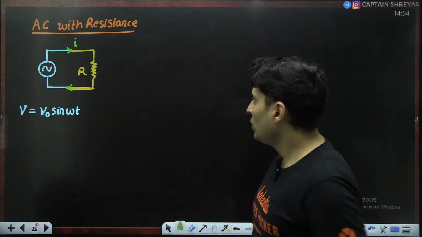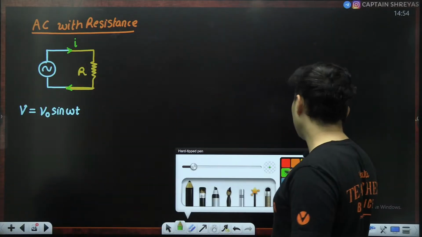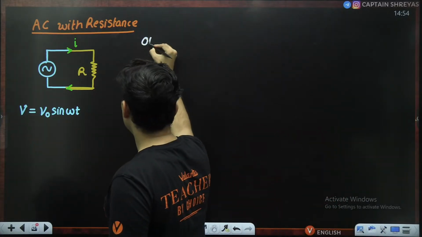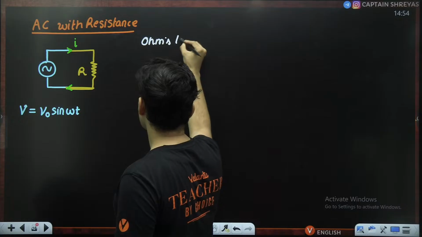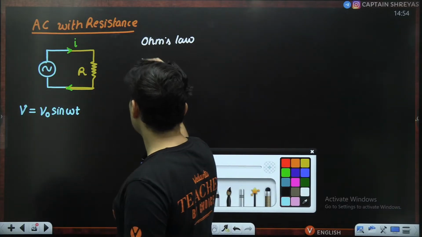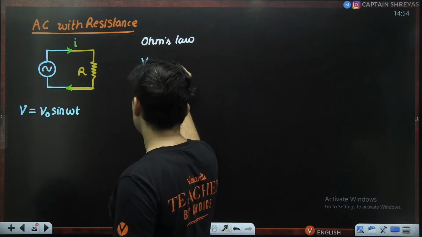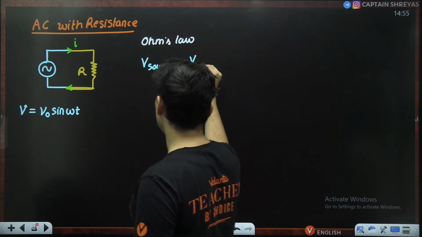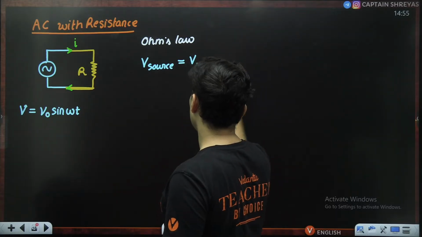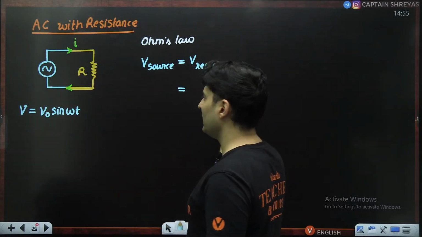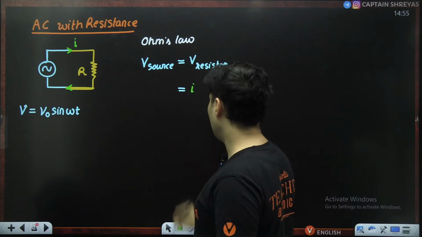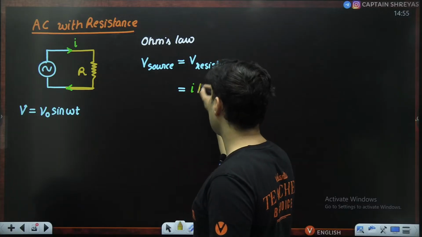So using our typical Ohm's law, one can say that the voltage of that particular source is also the voltage across that resistor, and the voltage across the resistor is current into resistance, the current multiplied by the resistance.